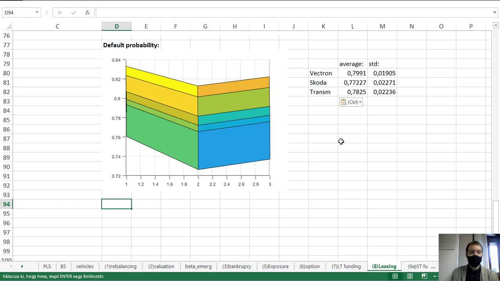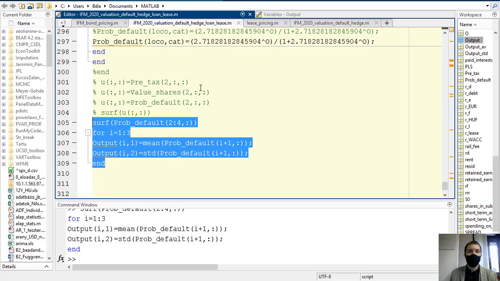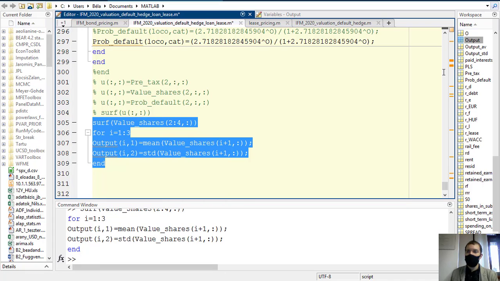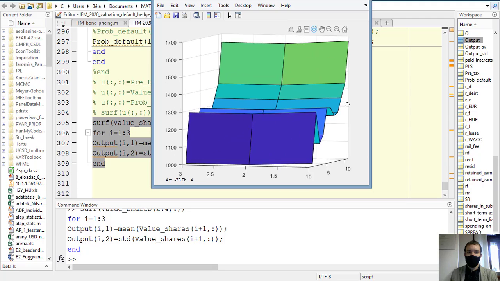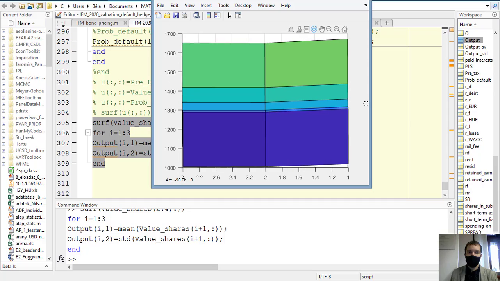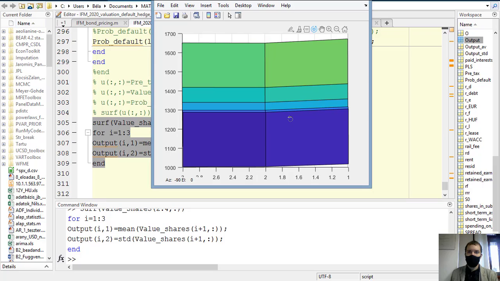Okay, so let's see the value. Do we have similar results here, or was that a unique artifact we were able to find?